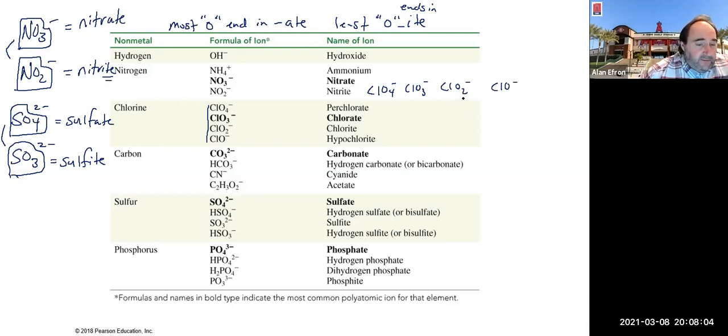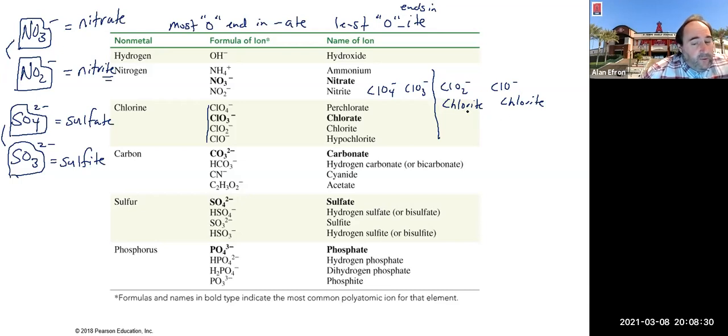The only difference is the number of oxygens: 1, 2, 3, or 4. If we break this group up right about here, and we go to the right, those have the least number of oxygens. So this would be chlorite, ITE. This one would be chlorite as well, but you cannot have the same name for 2 different things.